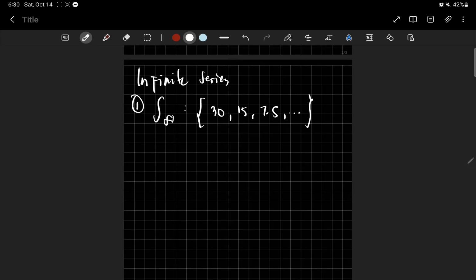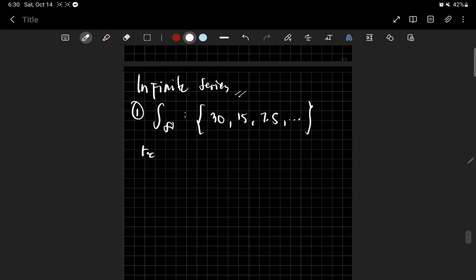Okay. So, identify muna natin yung common ratio when we are solving for an infinite geometric series. Common ratio is equal to the second term over the first term. So, that is 15 over 30. And 15 over 30, that is 1 half.